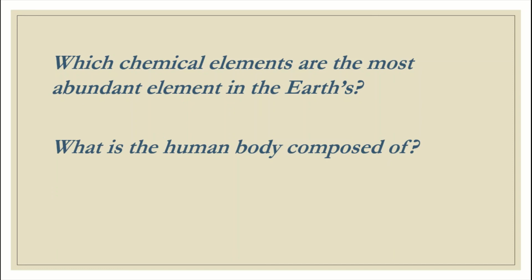What is the human body composed of? The adult human body contains the following elements. We have oxygen, carbon, hydrogen, nitrogen, calcium, phosphorus, and half a kilo of other elements. Imagine that.